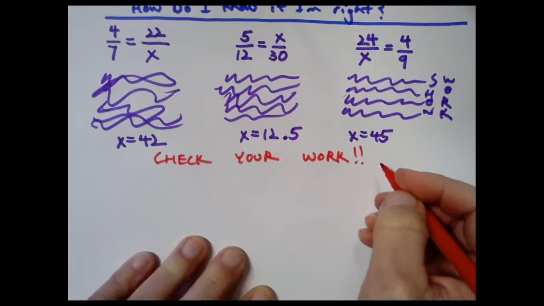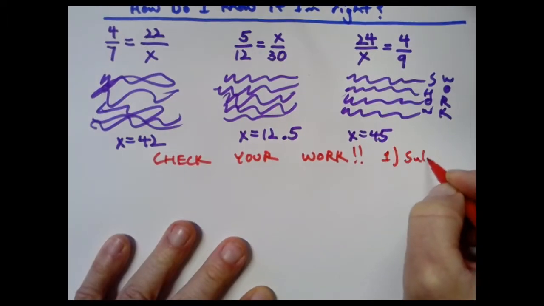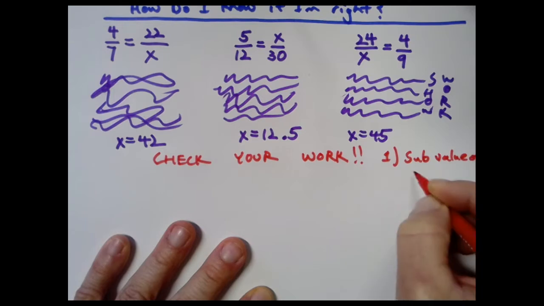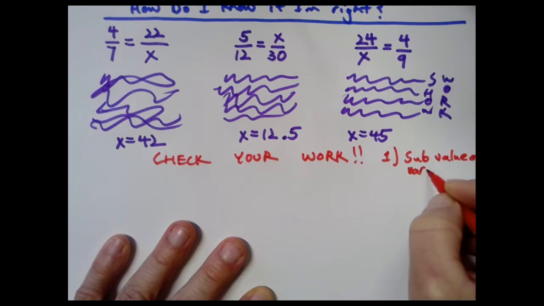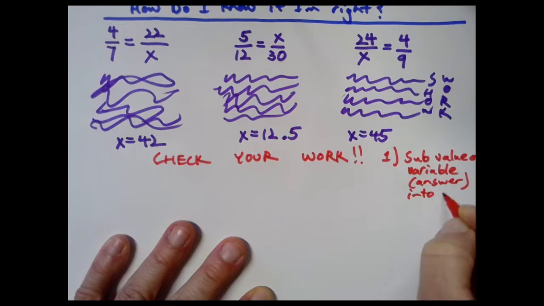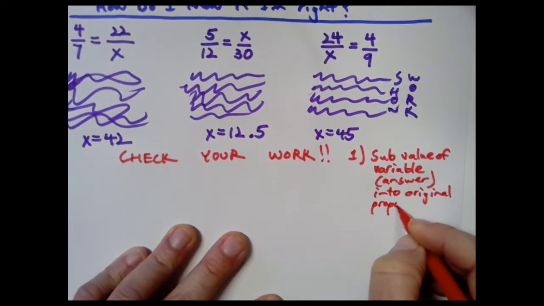Step 1, substitute the value of the variable, meaning your answer, into the original proportion. Okay, sorry I went off screen there for a second.